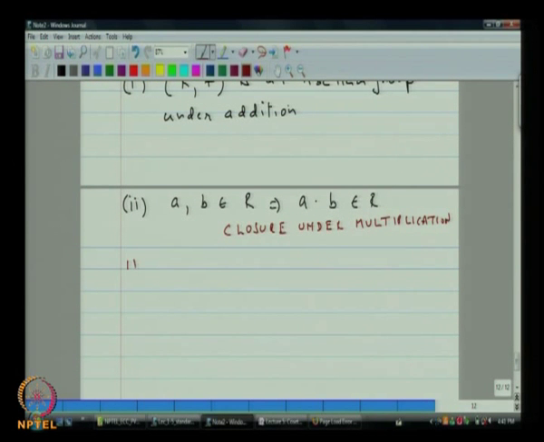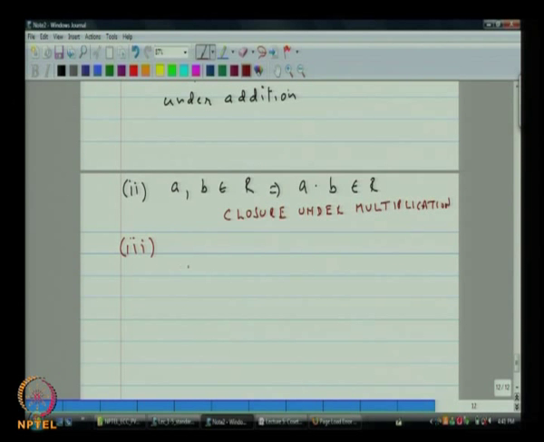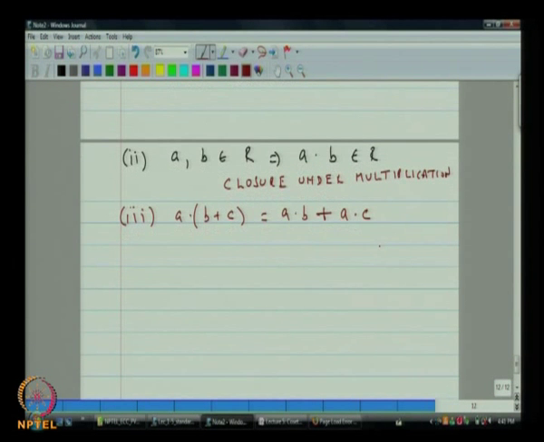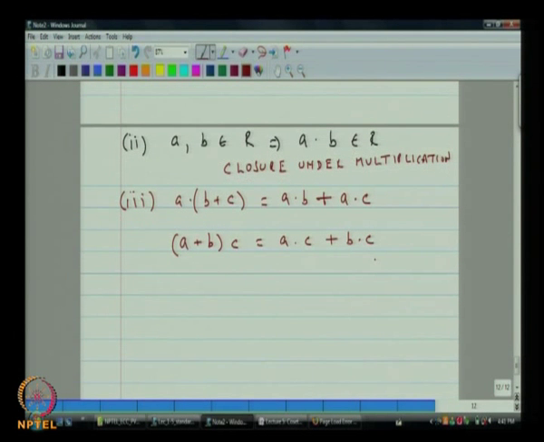Then after that you have the distributive laws. A times (B plus C) is equal to A times B plus A times C, and (A plus B) times C is A times C plus B times C. These are the distributive laws.